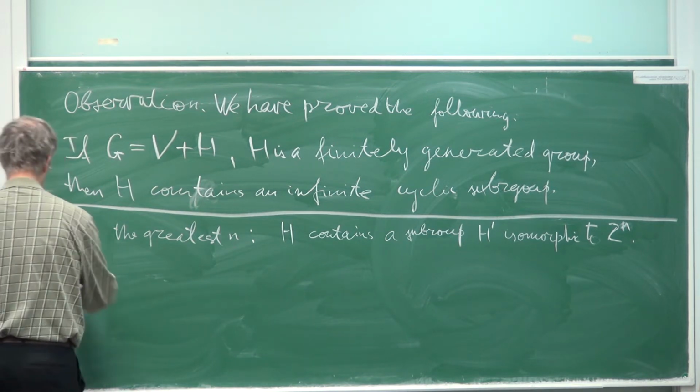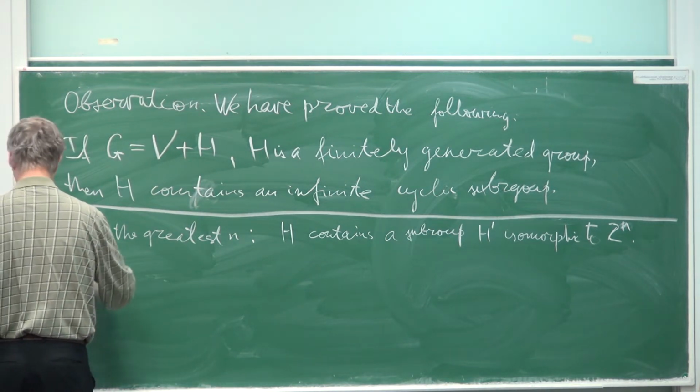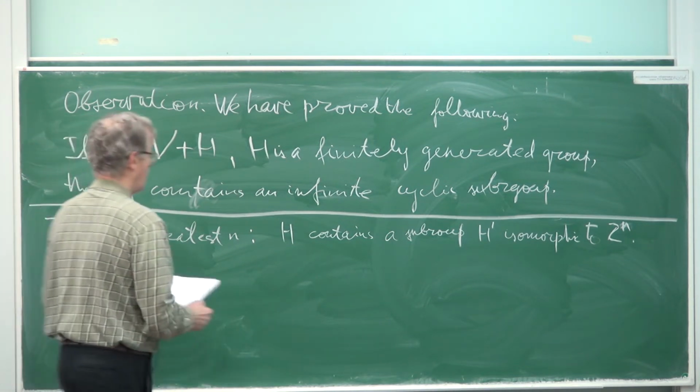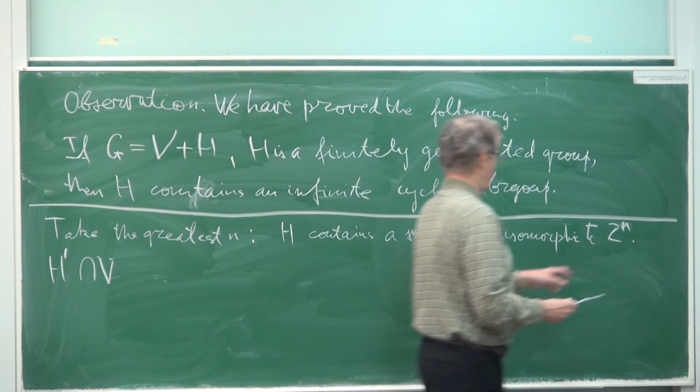Now consider the intersection of H prime with V. H prime is a discrete group because it is isomorphic to Z^n.